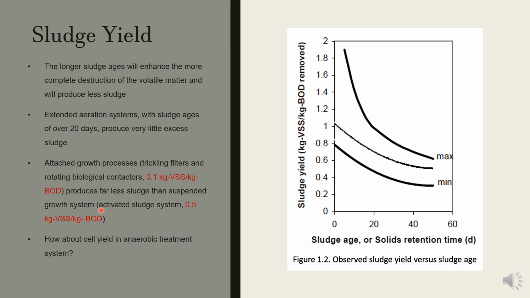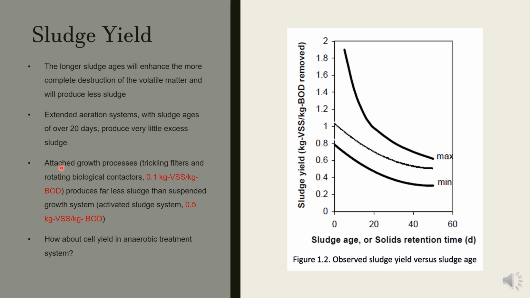For example, in the activated sludge system, sludge yield is 0.5 kilogram VSS per kilogram BOD. So this system has 5 times higher sludge yield than that of attached growth processes.